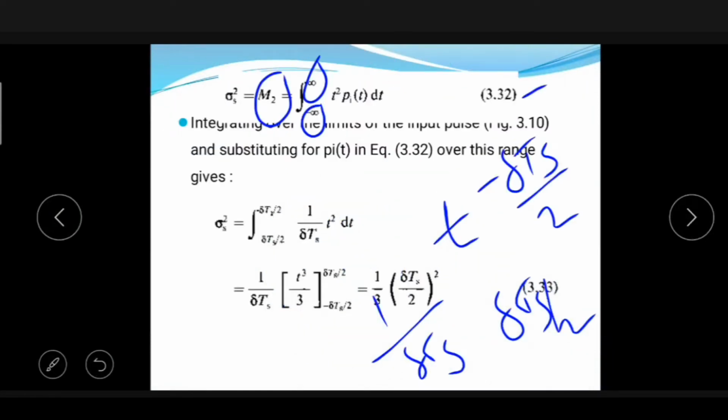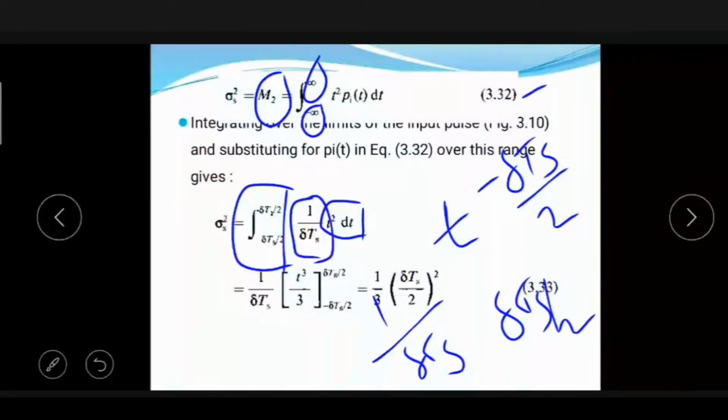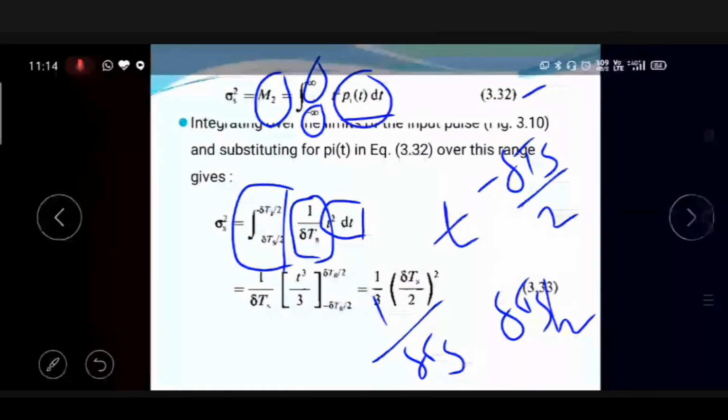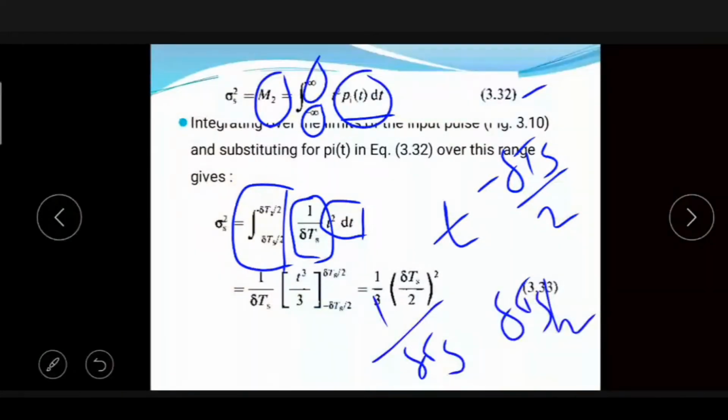So sigma s square is equal to, applying the limit, amplitude and t square dt. This is unit, so it is 1. So it is 1 by delta Ts, which is the amplitude of this particular pulse, into t square into dt.